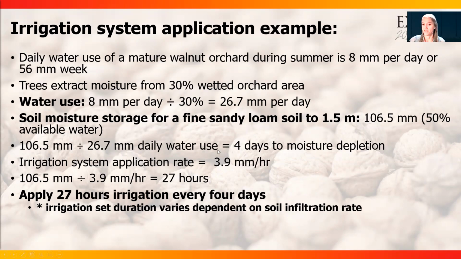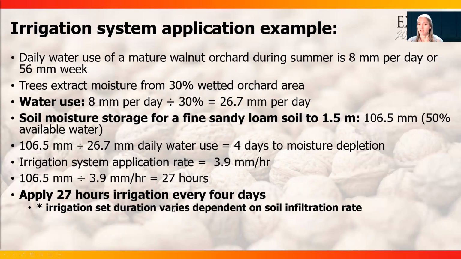If our irrigation system has an application rate of 3.9 millimeters per hour, this is the equivalent of a 27-hour irrigation set, nearly every 4 days. And so this would be a recommendation that might fit with the heat of the summer when your evapotranspiration rates are at a maximum.